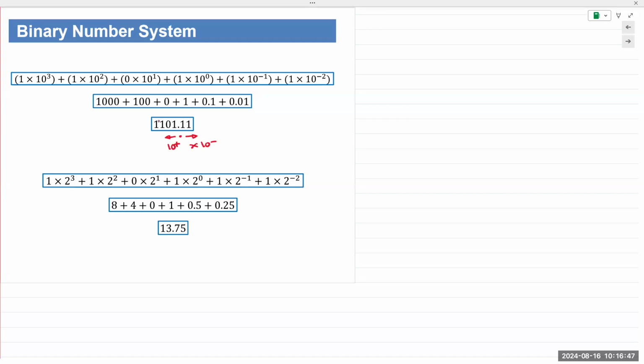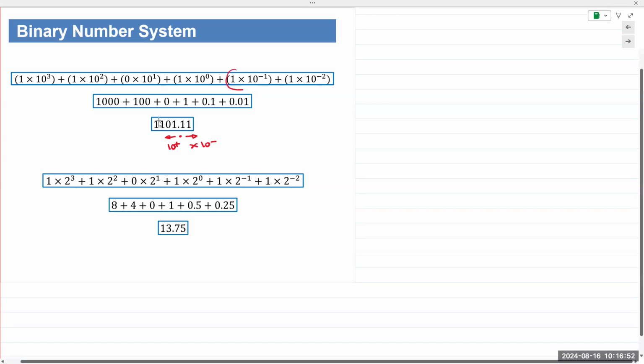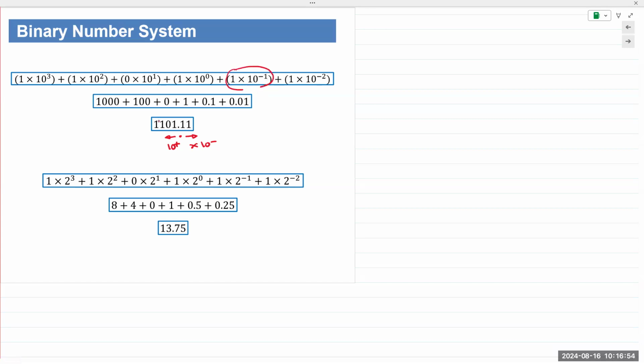So 0.11 can be described as 1 into 10 raised to minus 1, right?